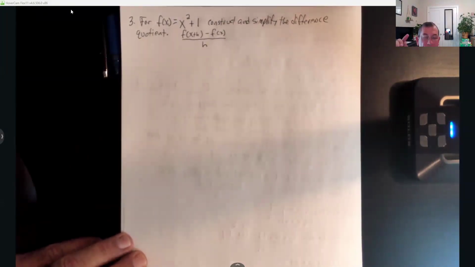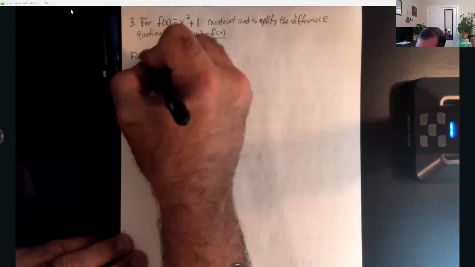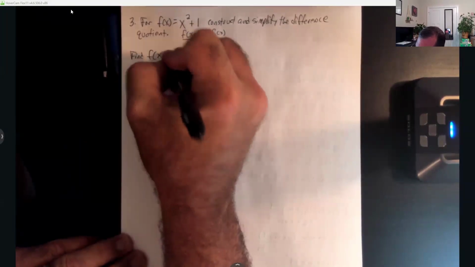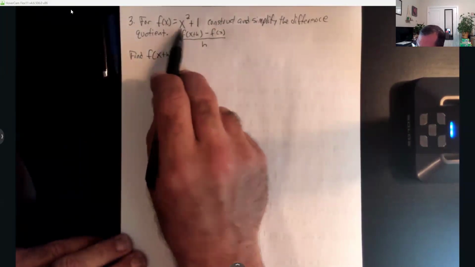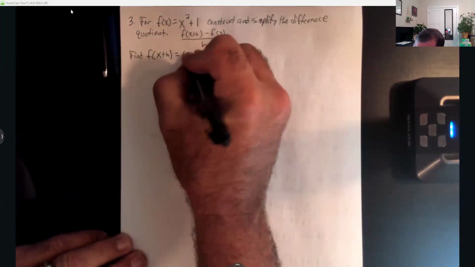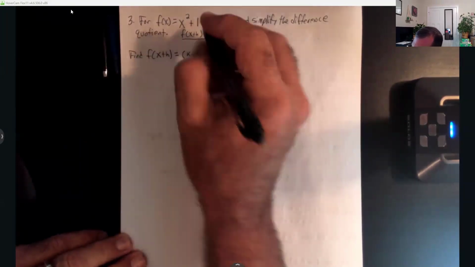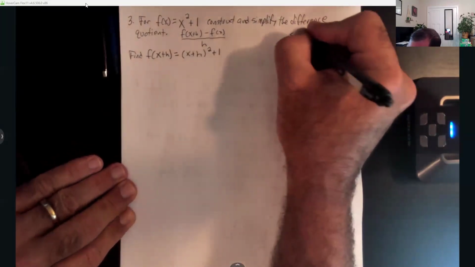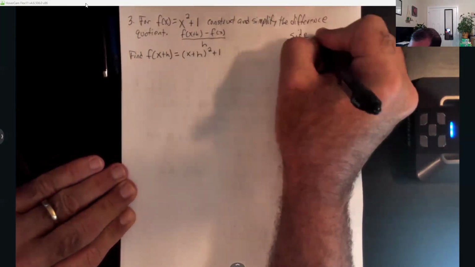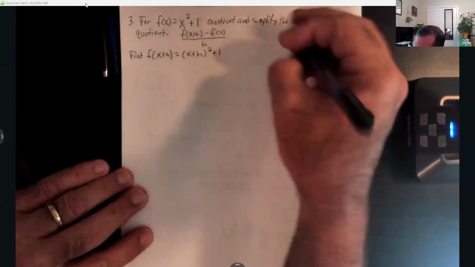So, first of all, find f of x plus h. So y'all, that'll be the f of x, put in an x plus h. So that's going to give us x plus h squared plus 1. All right, y'all. So what we want to do here on the side, we got to figure out what x plus h squared is going to equal.